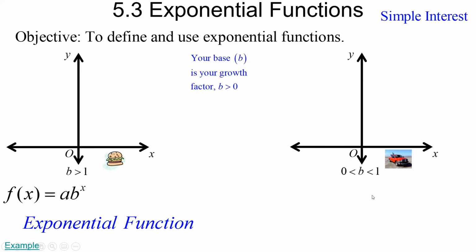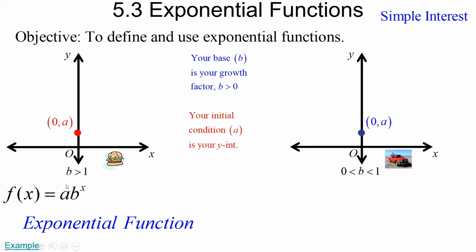So now, what do these look like? Well, for the $4 hamburger, the y-intercept was 0,4. It's just that a right there. So your initial condition a is your y-intercept. So here we have 0, a, and over here we also have a y-intercept of 0, a. And this a over here was $8,200 if I remember right.